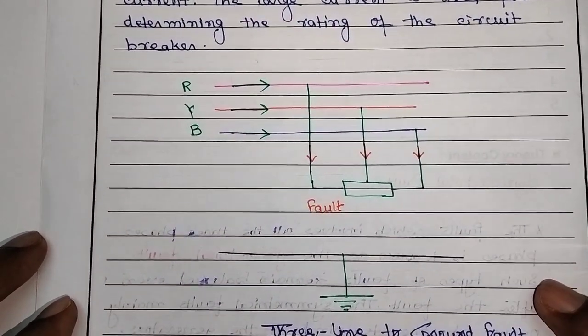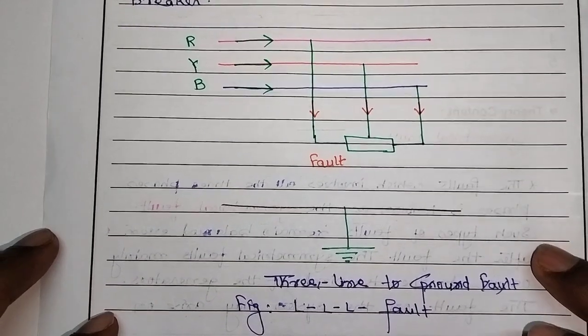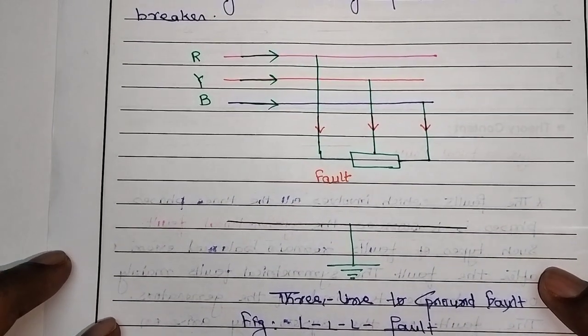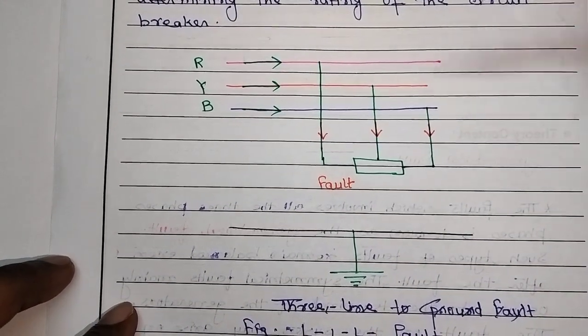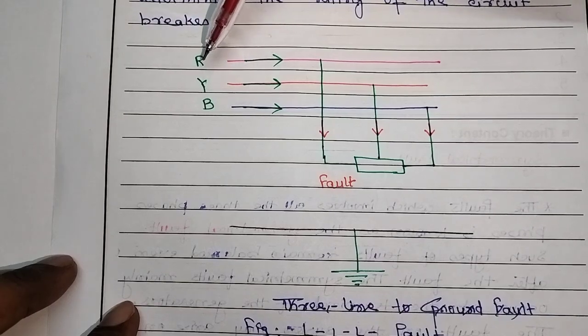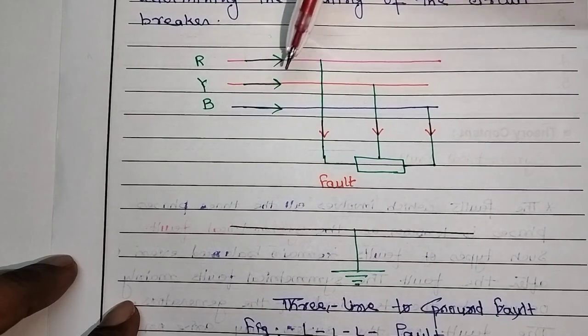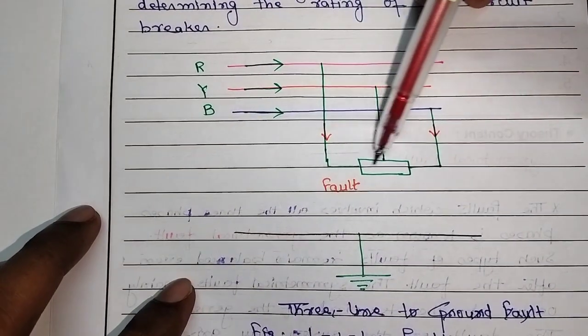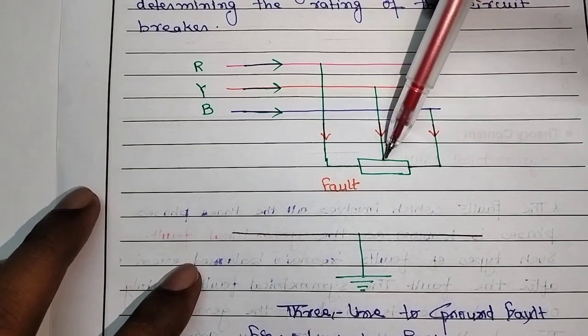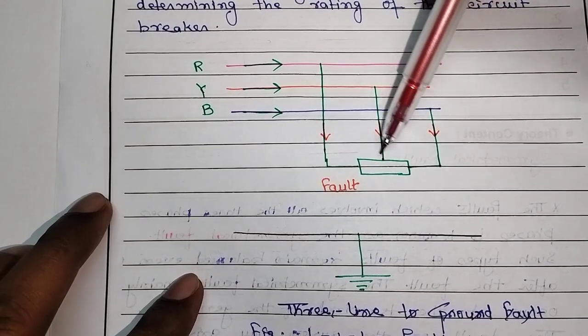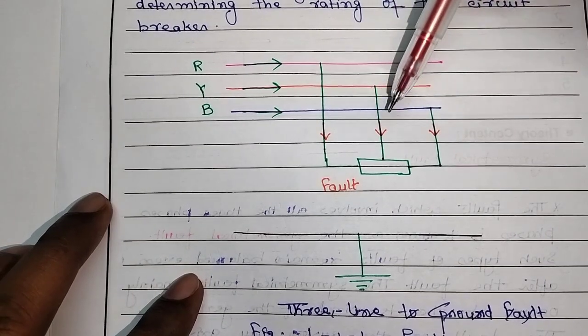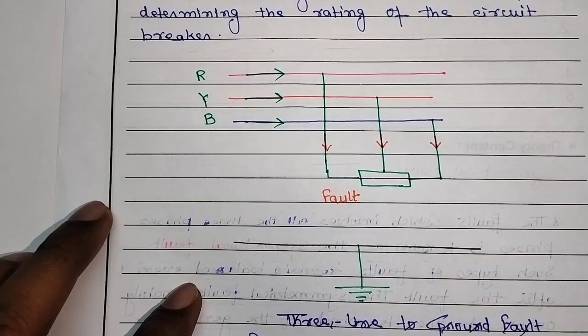Here I have drawn the diagram of the LLL fault. This is one conductor, R, Y and B. Here all three get touched and create the fault. Such a type of fault is called the line to line to line fault.